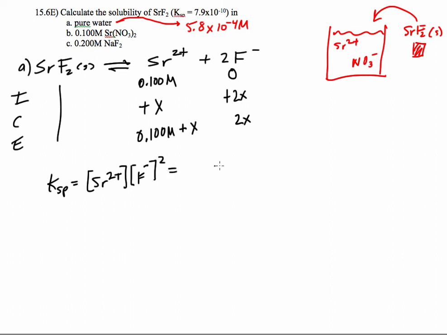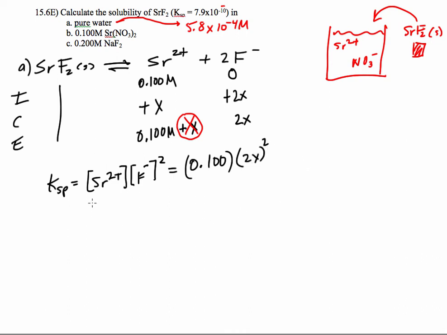Plug this in here. Now, what are we going to be able to do with that x? Hopefully you all know that I can drop this x out because my Ksp is such a small number. The reaction is going to shift to the right, but it's not going to shift enough to make an effect on this strontium. So when I plug into my equation now, I'm going to plug in 0.100 molar times 2x squared.